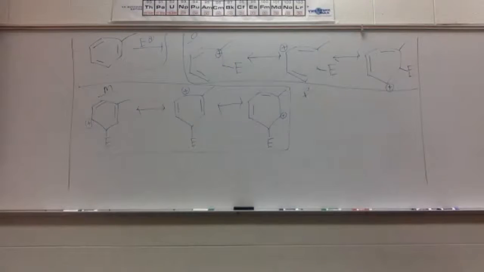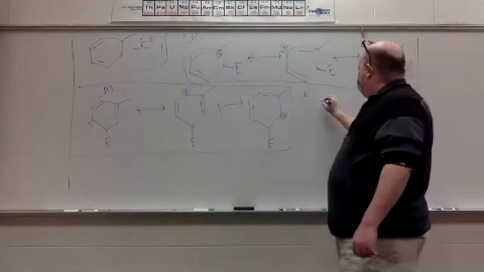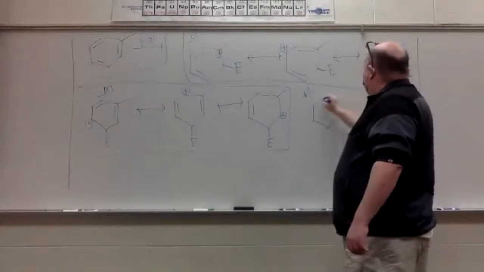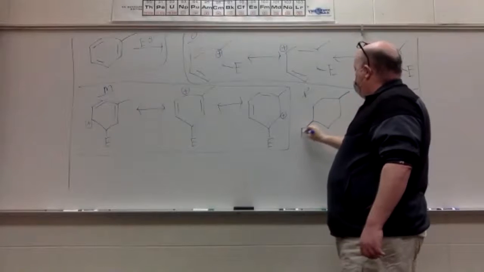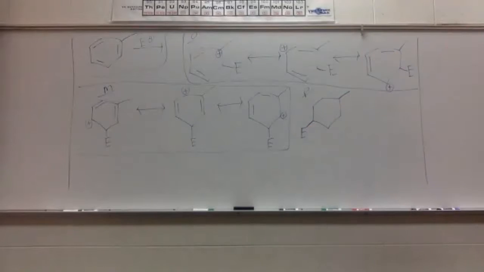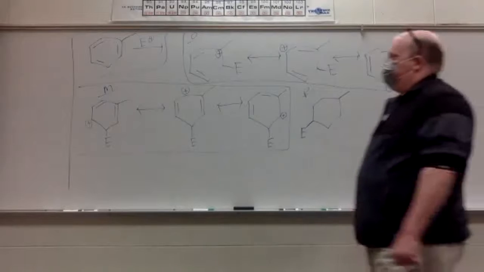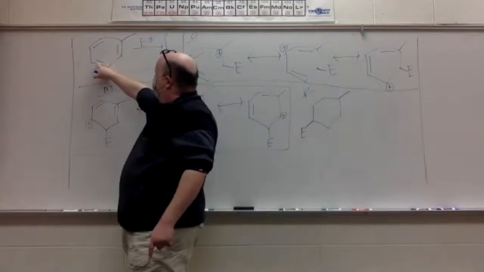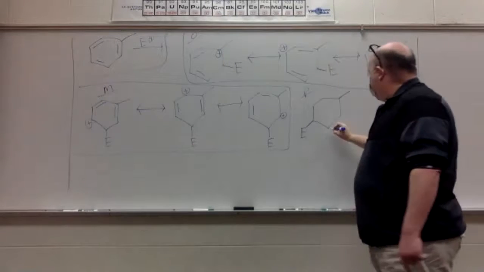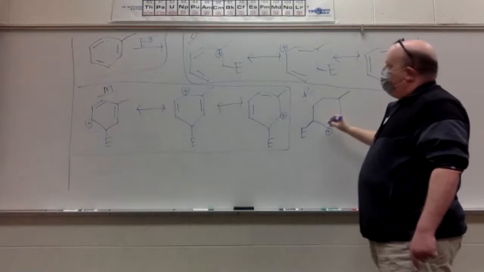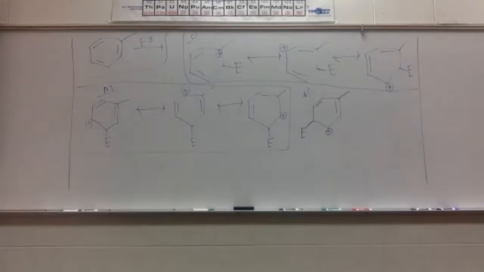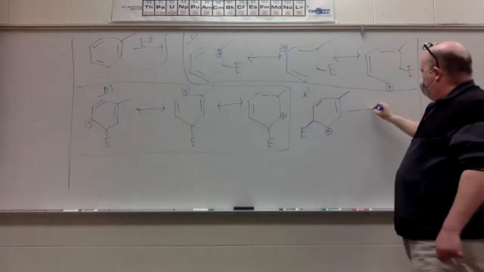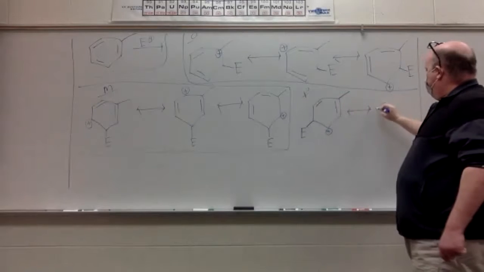Para, do the same thing except at the para position. E comes in. Again, attaches with this pair of electrons. So it leaves a positive charge here. And then just keep using the merry-go-round to satisfy the charges.